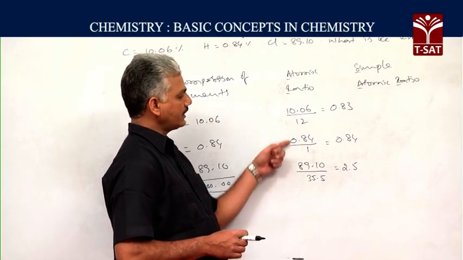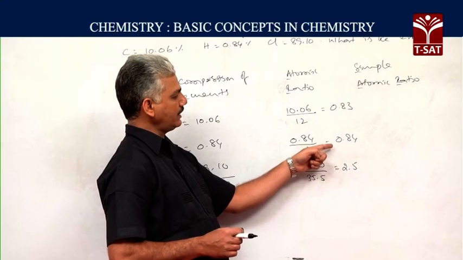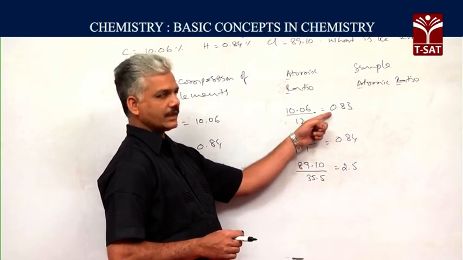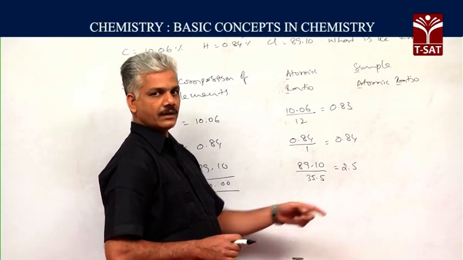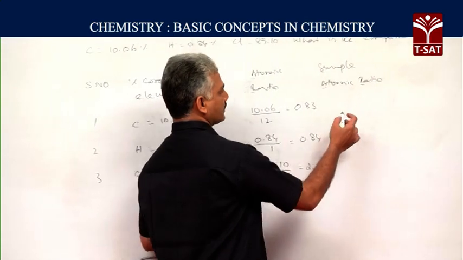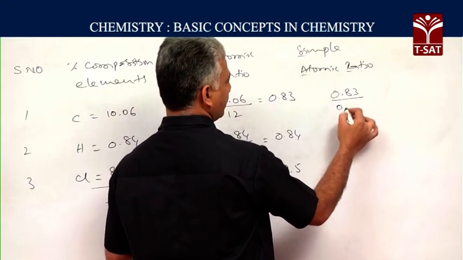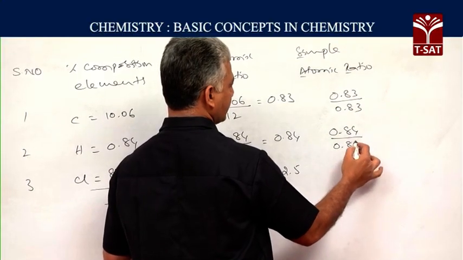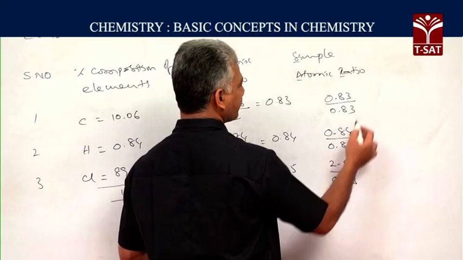Say for example, here in the atomic ratio you came across 0.83, 0.84 and 2.5. So, the least value is 0.83. With this we have to divide all other values. So, in the simple atomic ratio column: 0.83 by 0.83, 0.84 by 0.83, 2.5 by 0.83.